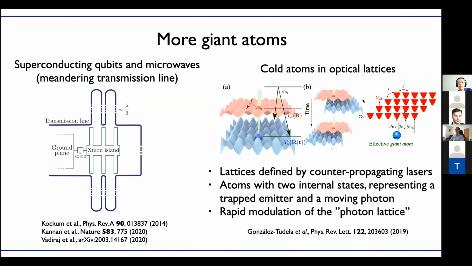And there are some interesting effects there in 2D. Yes? So this whole structure acts as one atom, or it's one atom in every lattice in some sense? I think you could have multiple atoms in this setup. They're just showing one here. Okay, okay.